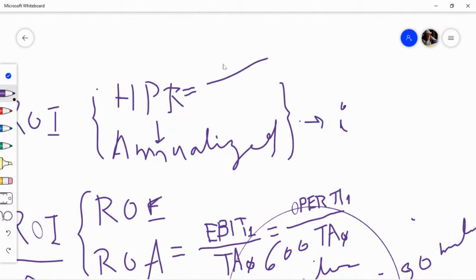For a one-year holding period, we first find the capital gains, which is P1 minus P0, plus the cash flow, all the cumulative cash flow during this period, and then we divide it by P0.